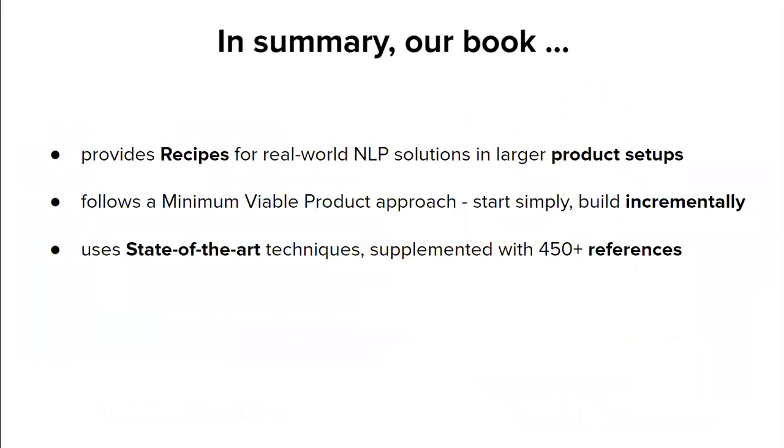So in summary, we think this book provides recipes for building real-world NLP solutions in larger product setups. And as much as possible, we follow a minimum viable product approach. That is, we start with simple solutions and incrementally build on top of these solutions towards more and more complex approaches. Where possible, we use state-of-the-art techniques extensively supplemented with hundreds of references.